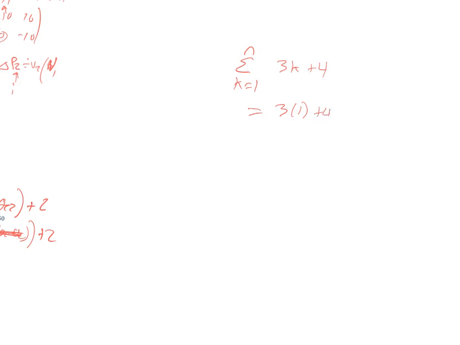Then you add 4. Once you're done the equation, you increment to the next k value. So 3 times 2 plus 4, plus 3 times 3 plus 4, until you get to plus 3 times n plus 4. So it's just a summation expression. You're just allowing k to increment as it goes.